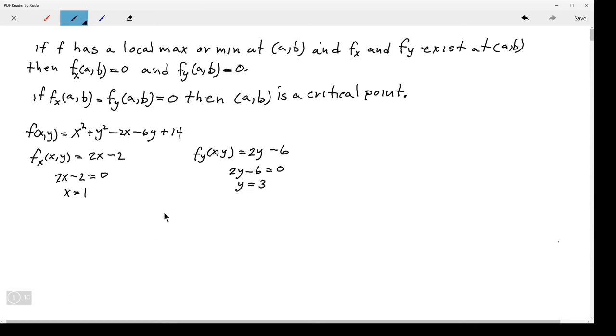So what this means is I have an x and a y, so that means that I have a critical point, (1, 3) is a critical point. Now the question is, is it a max? Is it a min? Is it neither one?